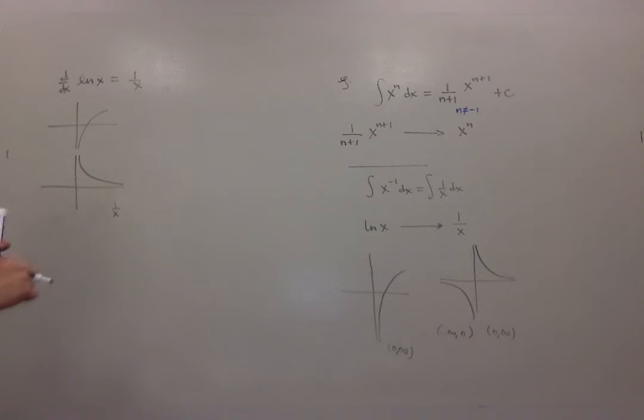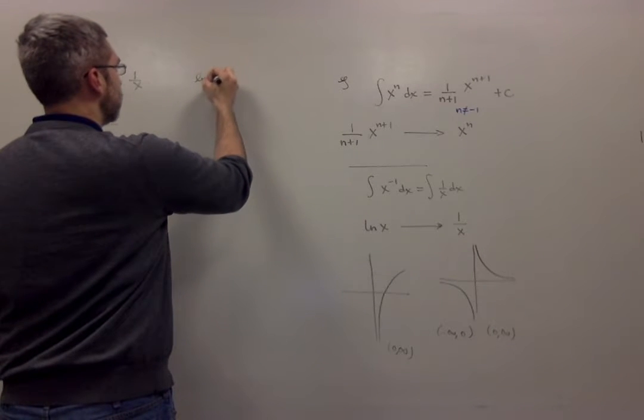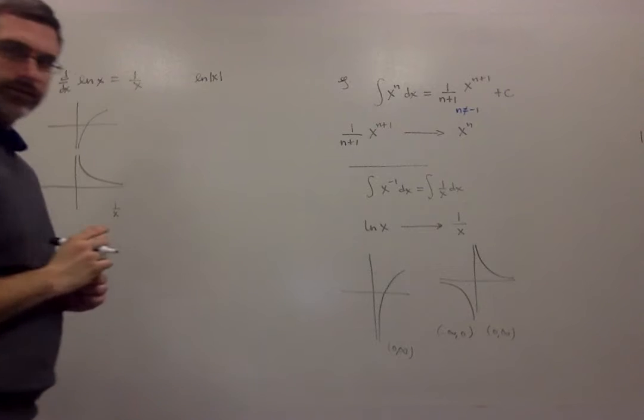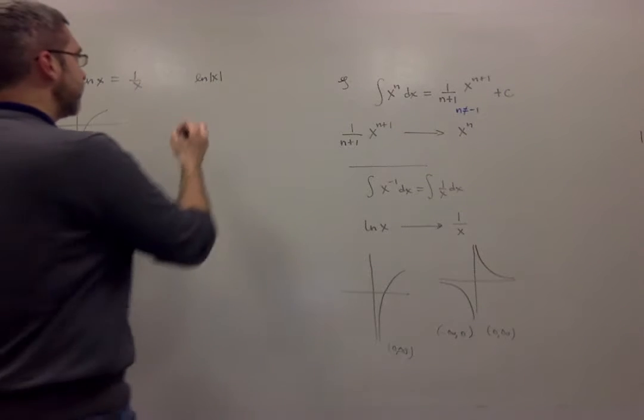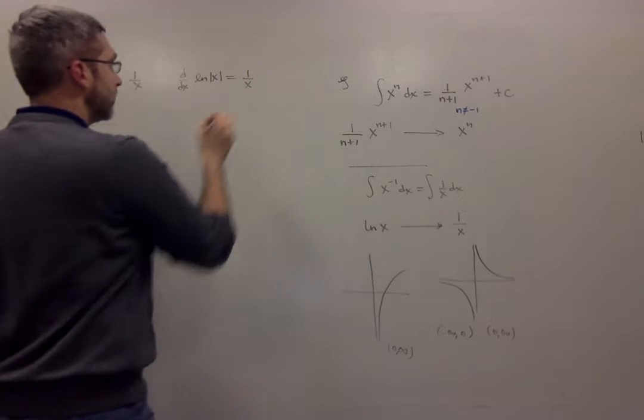But one of the other things that we noticed was that if we took the function natural log of absolute value of x and differentiated that, we actually still got 1 over x.